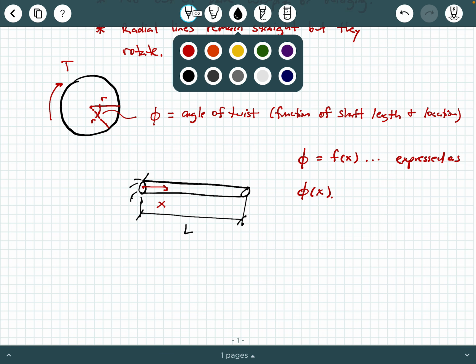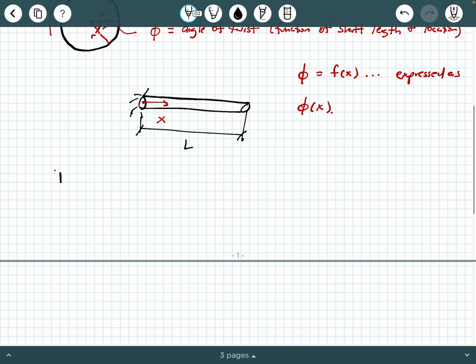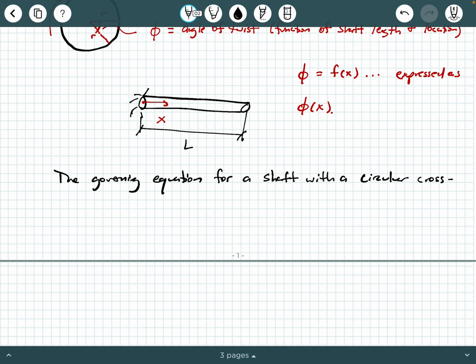So what's the governing equation, all right? So here we go. The governing equation for a shaft with a circular cross section for angle of twist is the following.